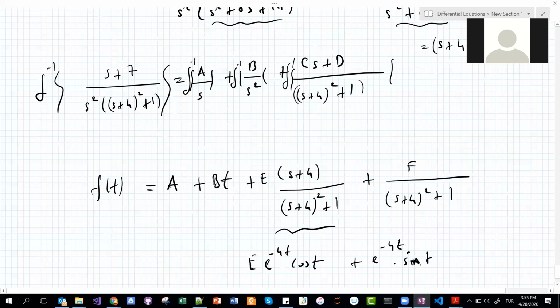That's why I need to regulate this part, S plus 4, so that you match it with this S plus 4. To do that, of course, you use some algebra to take care of the numbers. That's all you need to do.